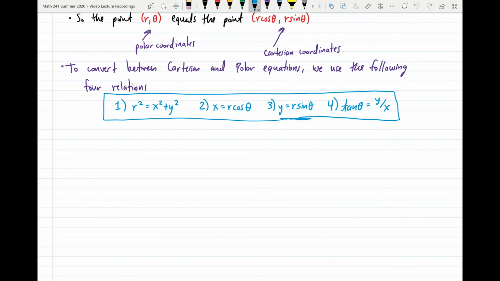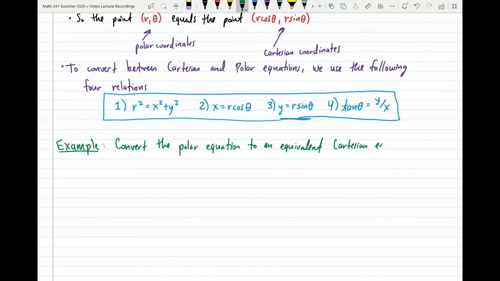And finally, I'm going to give an example where we convert between a polar equation and an equivalent Cartesian equation. So we want to convert the polar equation to an equivalent Cartesian equation, and then we're going to graph.